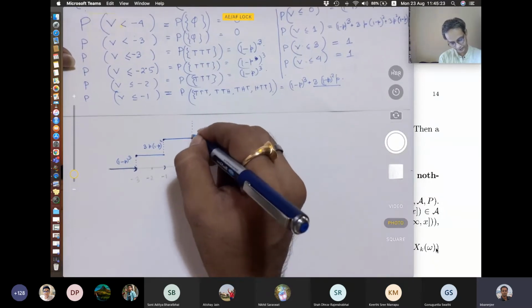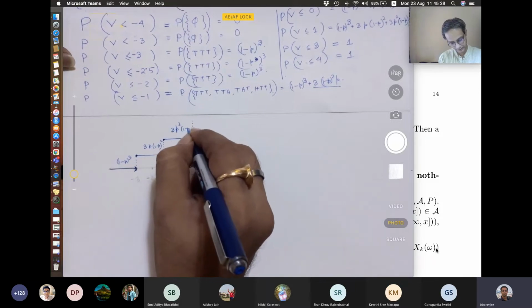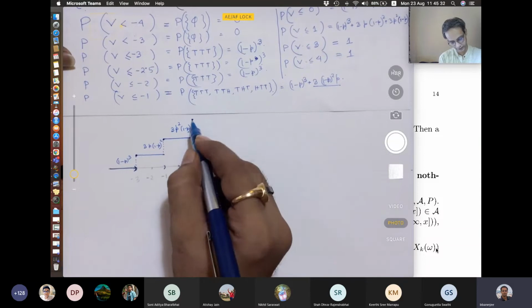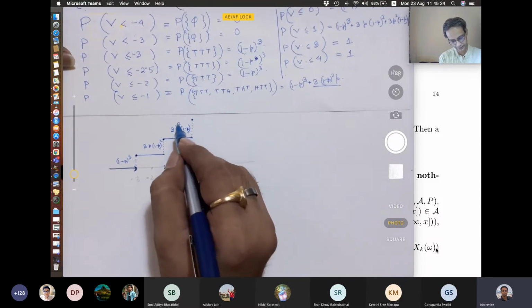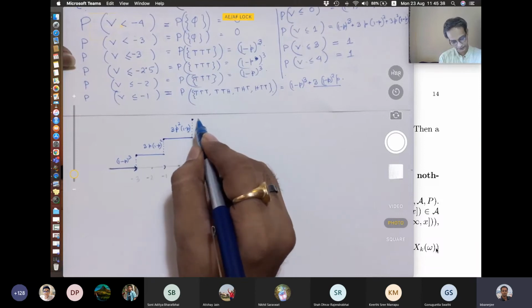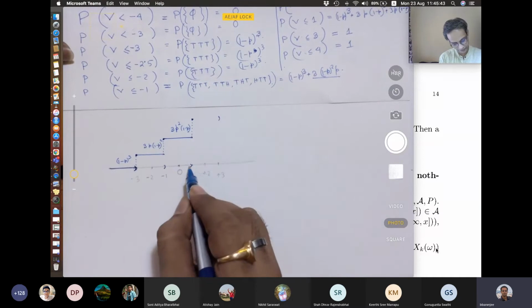How much is the jump here? 3 times p square into 1 minus p. So from here to here, this gap is 3 times p square into 1 minus p. And then again you continue until you reach 3.